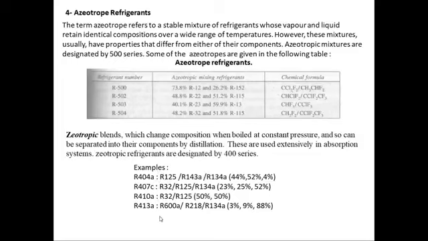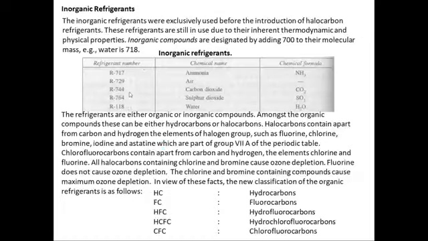I've given you some examples of zeotropes here, like R404A, R407C, etc. These are mixtures of three different refrigerants in the ratio of 44%, 52%, and 4%. The difference is that zeotropes will separate as they go through the phase change process. Azeotropes will not.